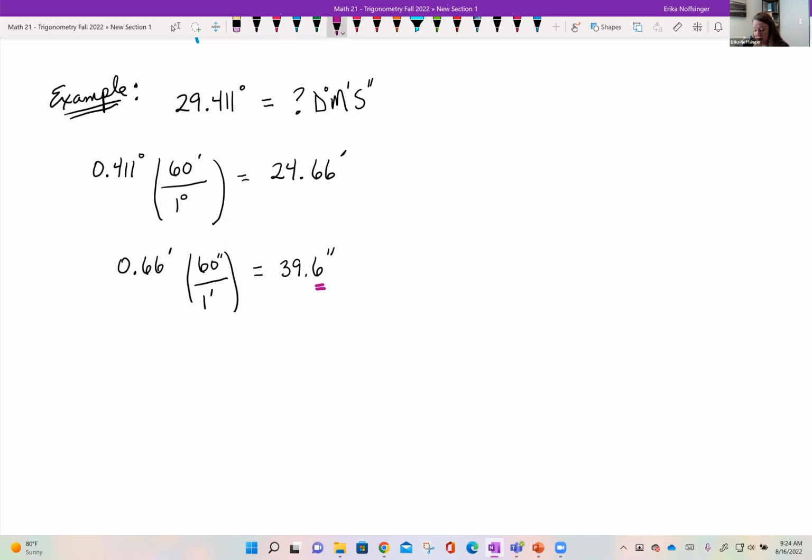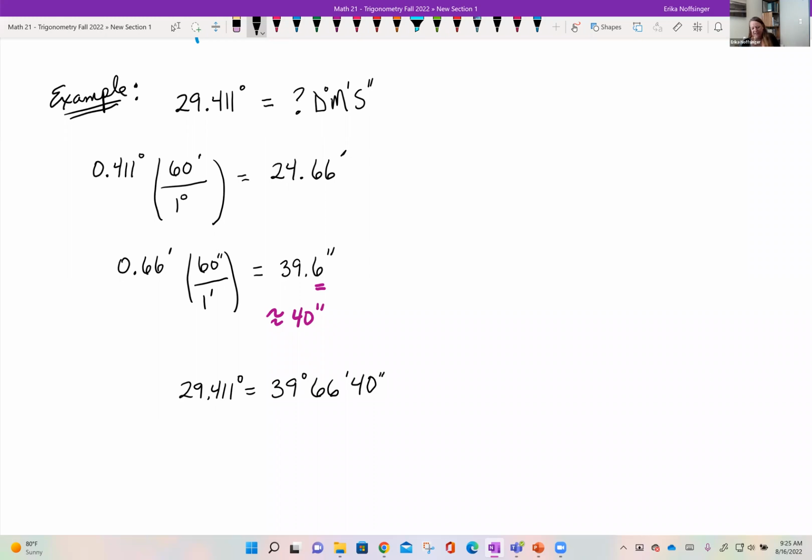The 6 is higher than the 5, so that's going to round the next digit up. The 9 rounds up to 10, so this is approximately 40 seconds. So our 29.411 degrees is equal to 29 degrees, 24 minutes, and 40 seconds.